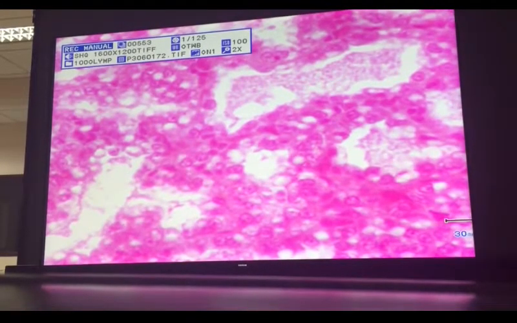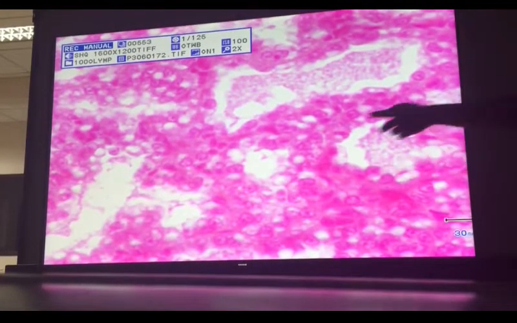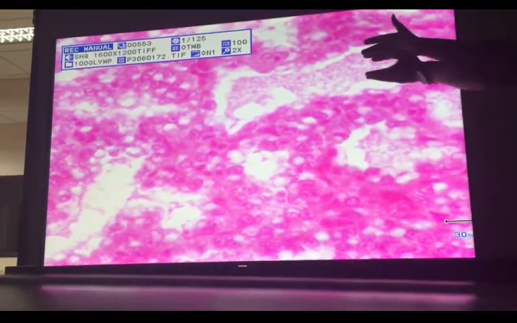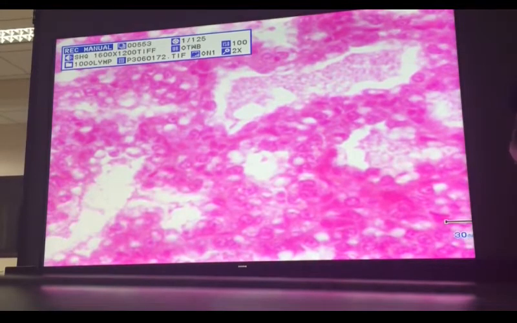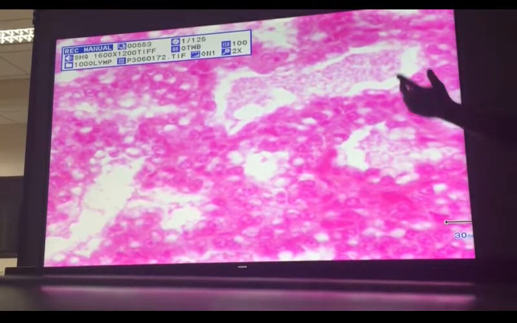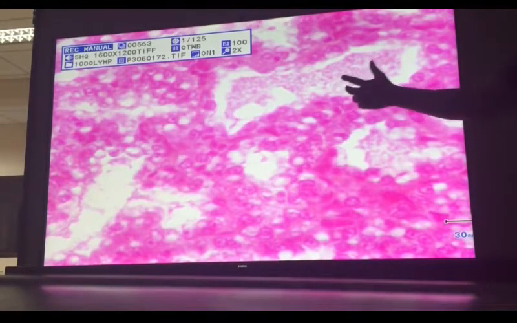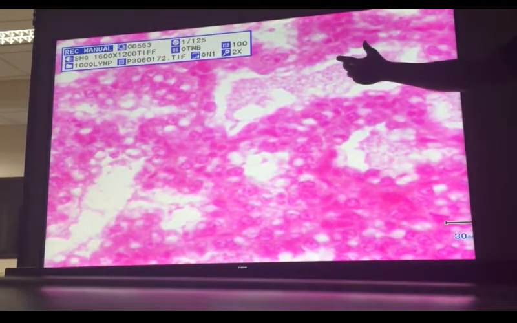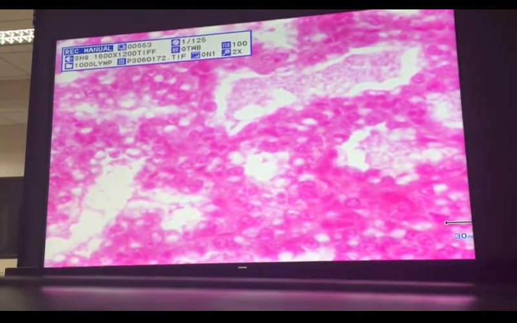Okay. So this is one acinus, another acinus, and then another acinus. Notice the dilatation of the lumen of the acini to accommodate the secreted milk. This is the milk, and these are the secretory vacuoles at the apical portion of the secretory cells.